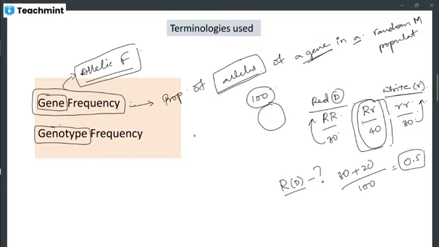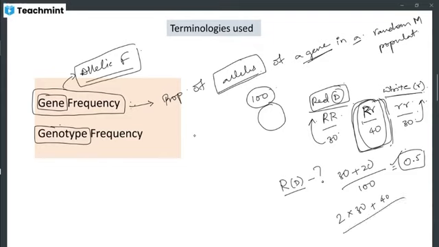So this is one technique to calculate, and the other technique is 2 into the homozygous dominant individuals, which is 30, plus we will calculate the entire heterozygous individuals, because even in this case our capital R, that is the dominant allele, is being included.